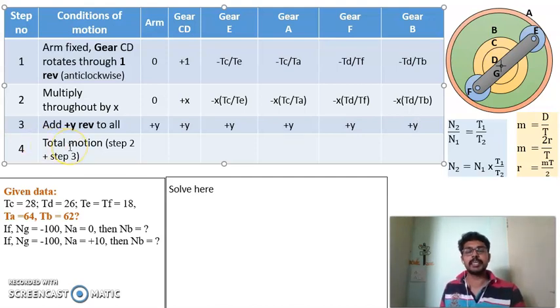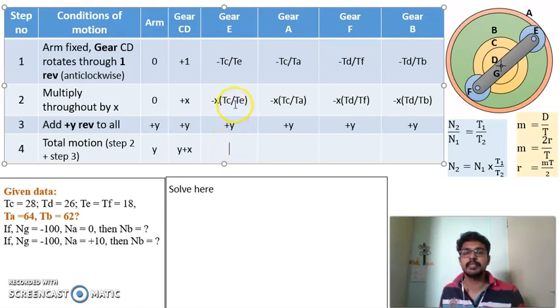Step 4. Step 4 is actually the total motion for arm, gear E, gear A, gear F, etc. So what needs to be done in step 4 is we need to add the data cells in step 2 and step 3. That is, total motion is equal to step 2 plus step 3. Over here it will be therefore y plus 0, which is y itself. For gear CD, this will be equal to y plus x. This y is capital, so I will just make it small over here.